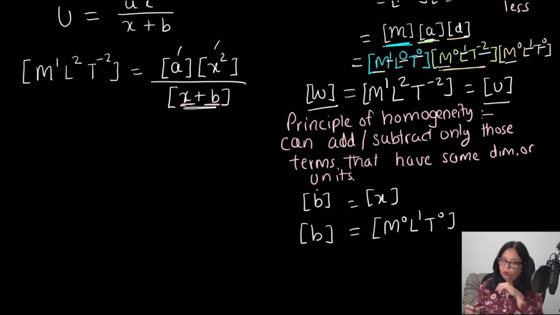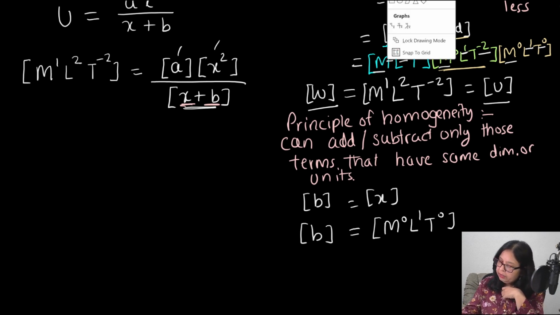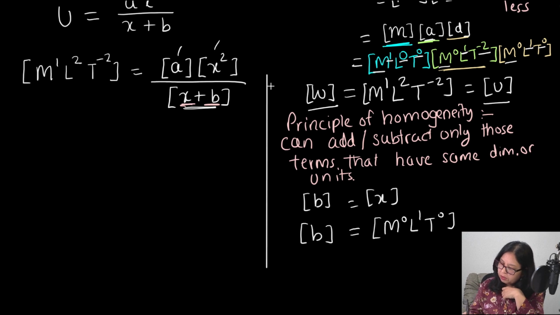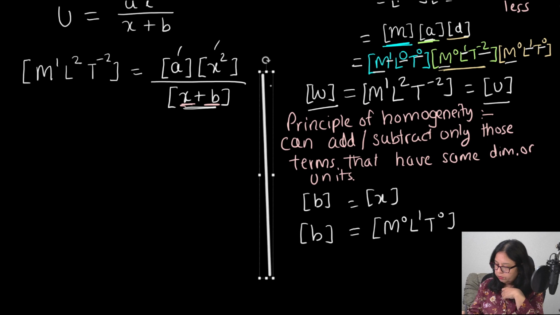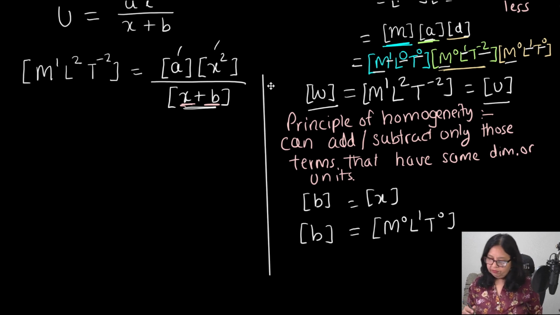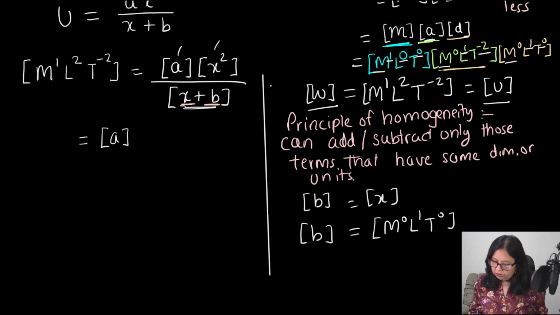So what I will do now is, let me put a line here. I'm going to write down A, I do not know yet. Then we have this x squared. Its dimensional formula will be m0 L2. Where does this L2 come from?